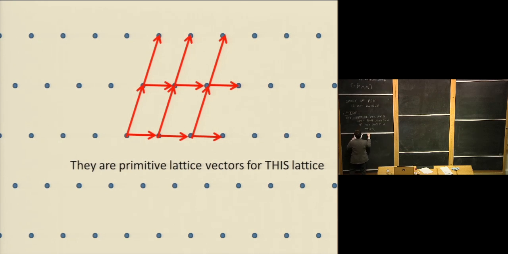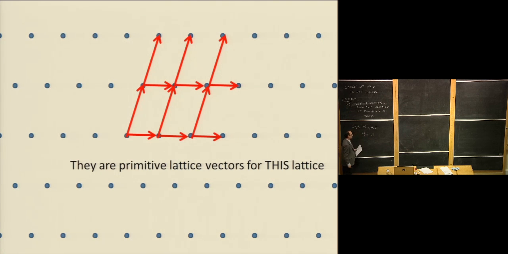Okay, and it's pretty easy to see that this is equivalent to the prior definition. If you have n1 comma n2, both of those being integers, so it's an element of the lattice, and you add it to n3 comma n4, both of those being integers, so it's an element of the lattice, you get n5, n6, and those are then integers also, and therefore an element of the lattice as well.